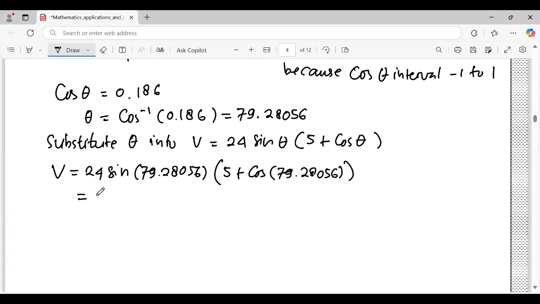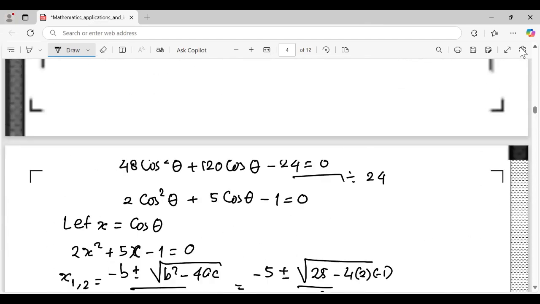The result is 122.2921. So the maximum volume is about 122. That is the maximum volume.